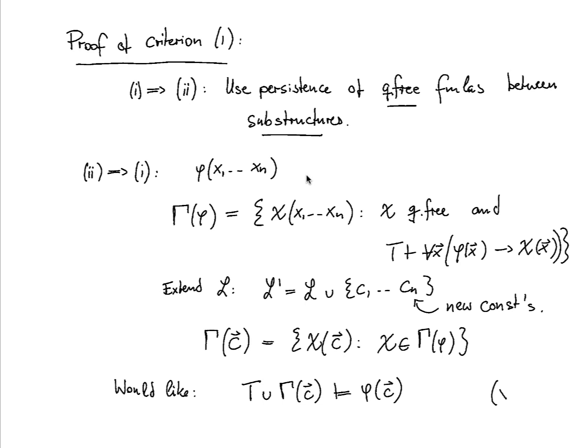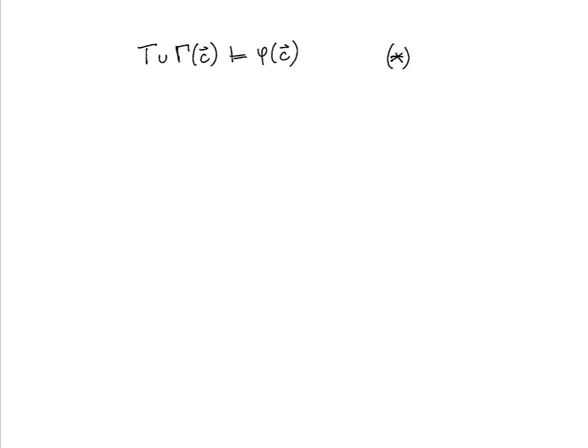Why is this nice? So let's call this condition star. If we had this condition here, T union gamma implies phi, right? Then by compactness, we could pick a finite subset of gamma.